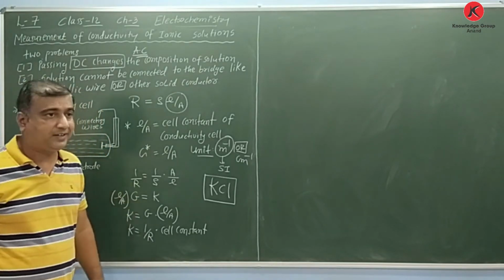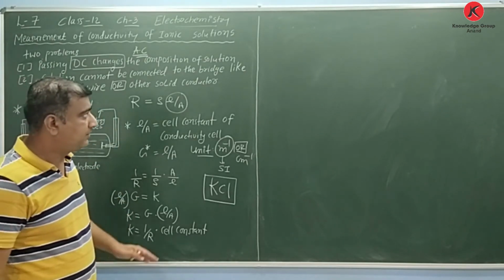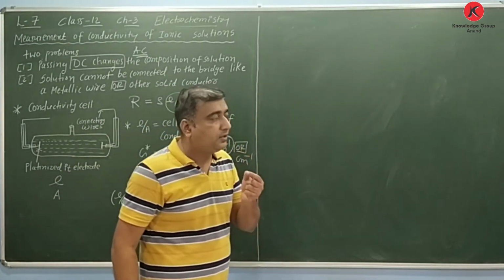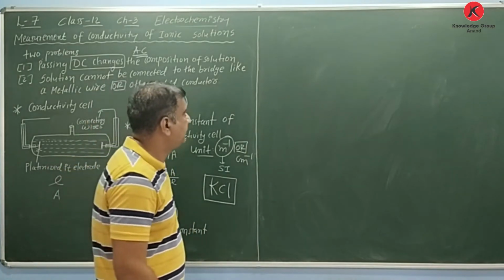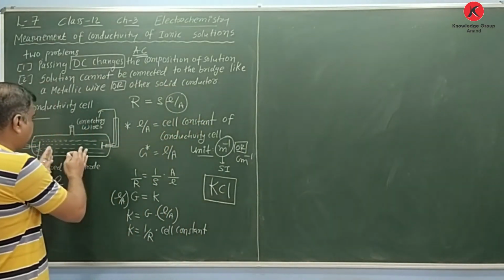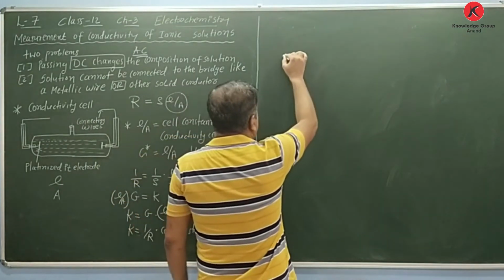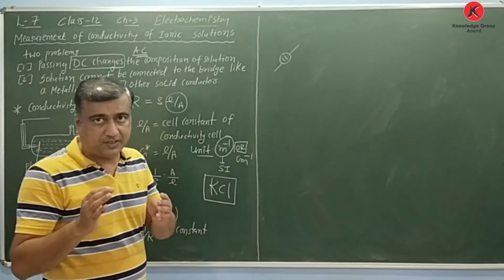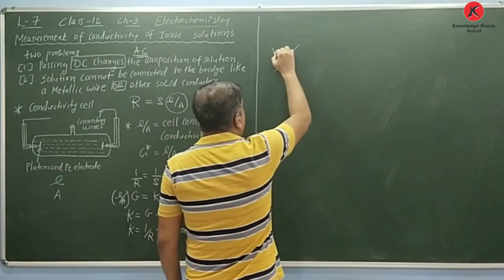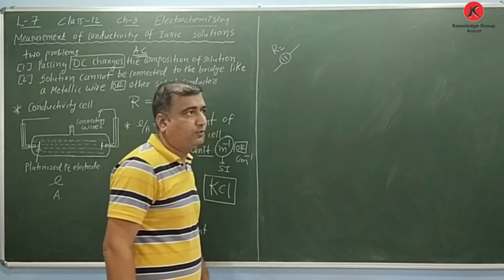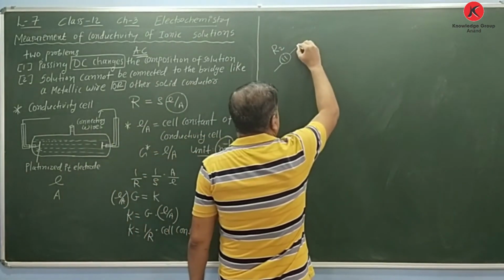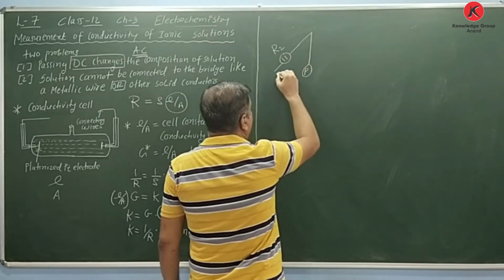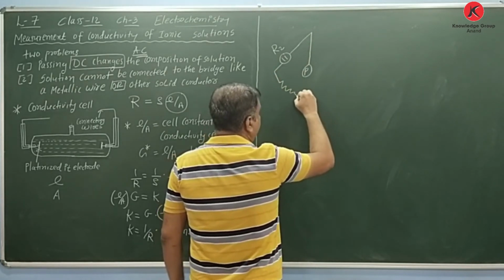Now how can the resistance be measured? For measuring resistance, one experimental setup is the use of a Wheatstone bridge. Connect this conductivity cell, whose resistance we have to measure, that is R2. The setup is like this: here detector P is there, here a variable resistance is there.